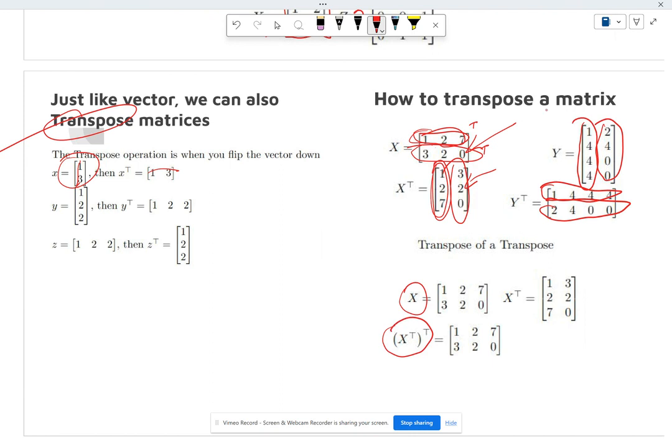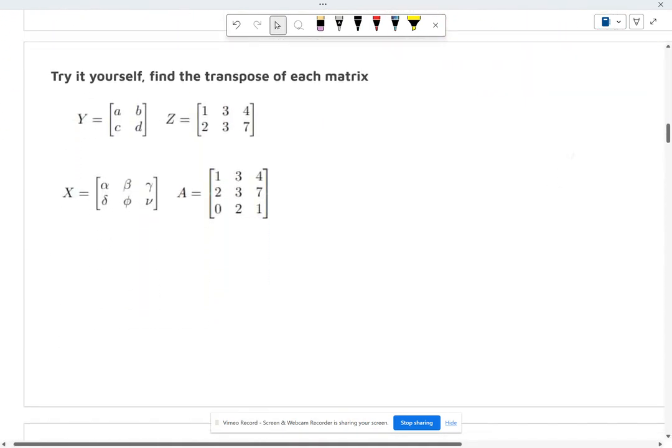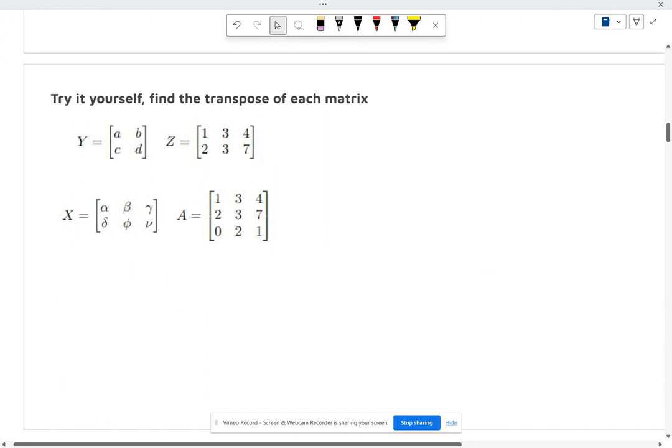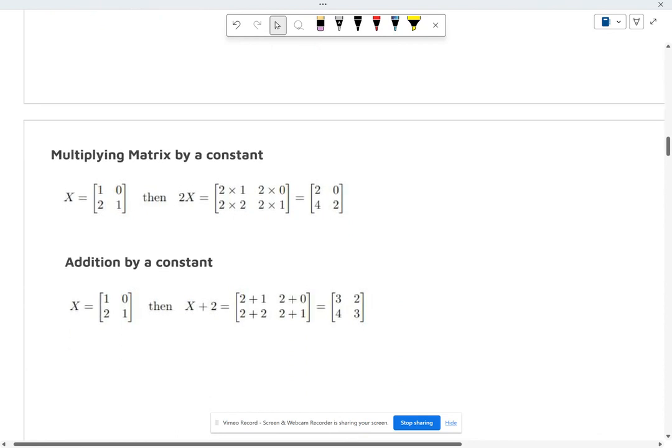So you take a transpose twice, you're just going to get the original matrix back. Okay, so now you want to take a second and see if you can find the transpose of each matrix. Okay, pause the video, give it a try. Now, let me move on.